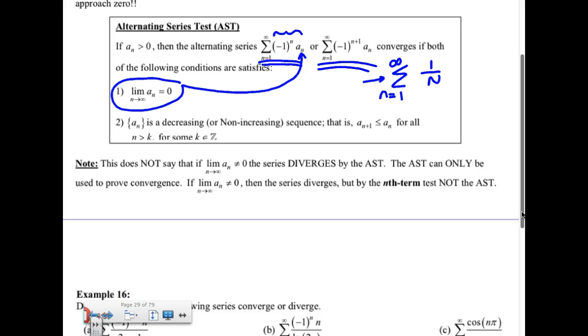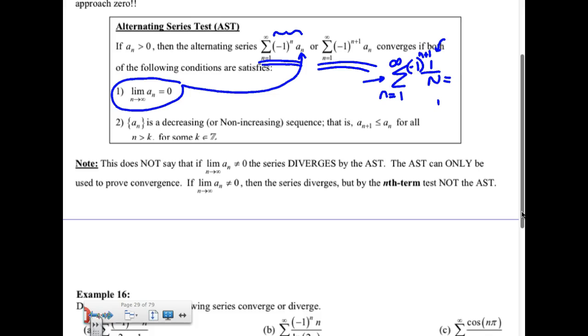However, when I put this exact same series in the presence of an alternator, let me write out what that series would look like.